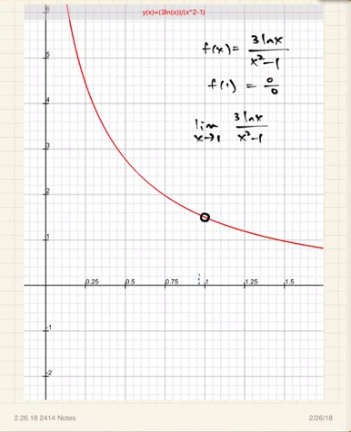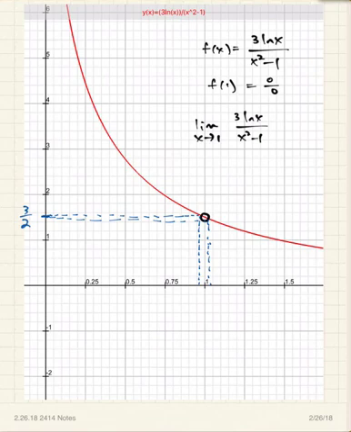Right, when I'm close to 1, you're going to get that regardless of which side of 1 you're on right here, you're going to get y values that are around, and sure enough, what is it? Around 1.5, around 3/2. Right, that's what we're talking about. So even though this function doesn't exist at 1, there's a hole in the graph there. The limit as x approaches 1 definitely exists. And you can tell graphically that sure enough, the limit should be equal to 3/2.